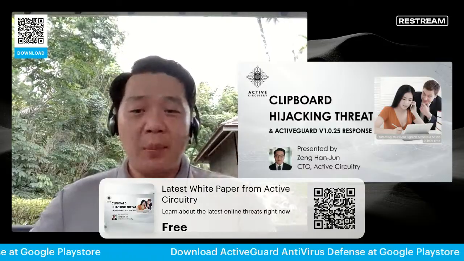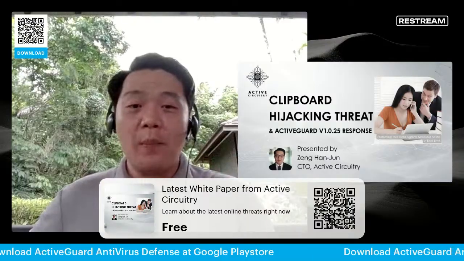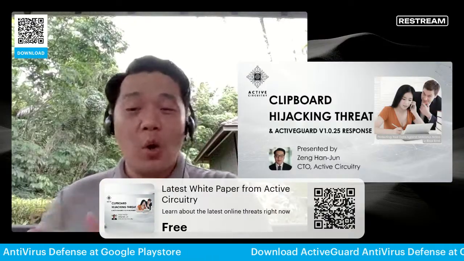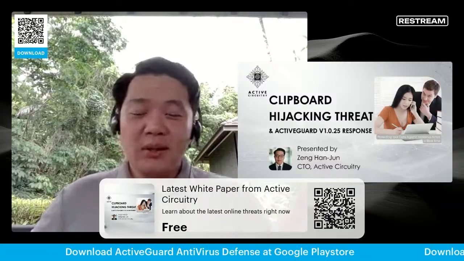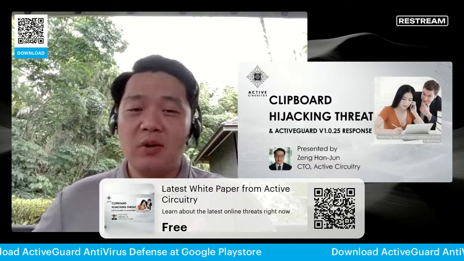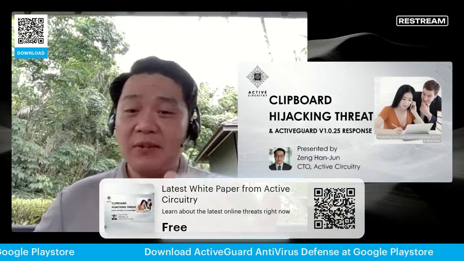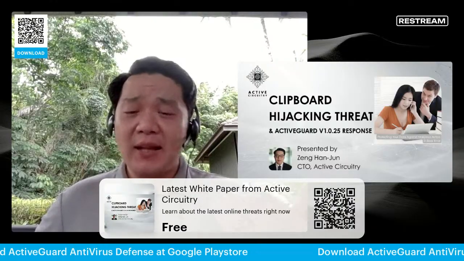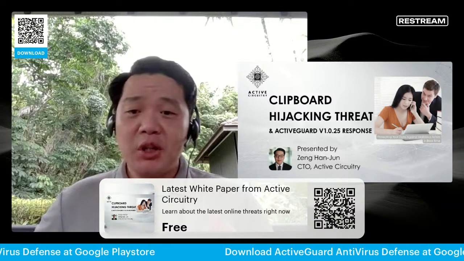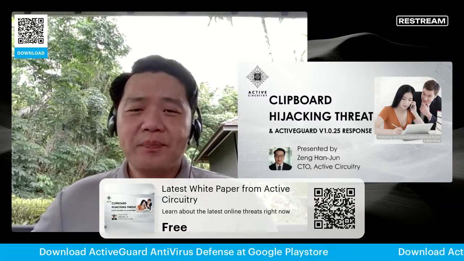Actually, what we are proposing here is ActiveGuard version 1.0.25, but over the past few days, a lot more has happened. So we've patched. The latest version is 1.0.253. Because of the evolving nature of these malicious attacks, we had to intensify our research in order to keep up and in order to keep our users safe.